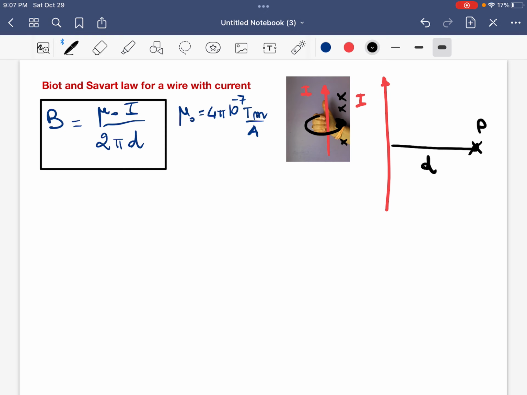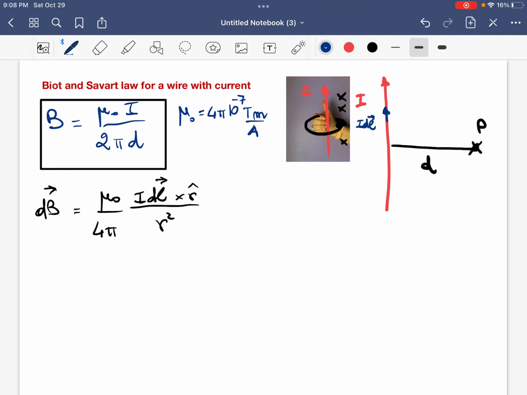Now let's see the magnitude of the magnetic field. I start from Biot and Savart, dB equals mu 0 divided by 4 pi times the current I dl cross product r hat over r squared. And now I take an infinitesimal amount I dl of current on my wire. Let's say that this tiny arrow here is my I dl, which I like to place on the y-axis.